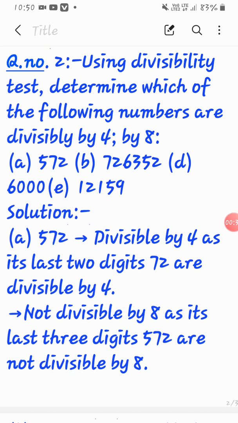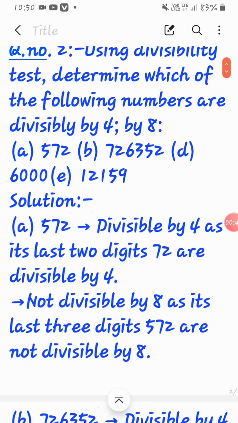So 572 is divisible by 4 because the last two digits, 72, are directly divisible by 4 and there is no remainder. But 572 is not divisible by 8 because the last three digits, 572, are not directly divisible by 8. There is a remainder, so 572 is not divisible by 8.